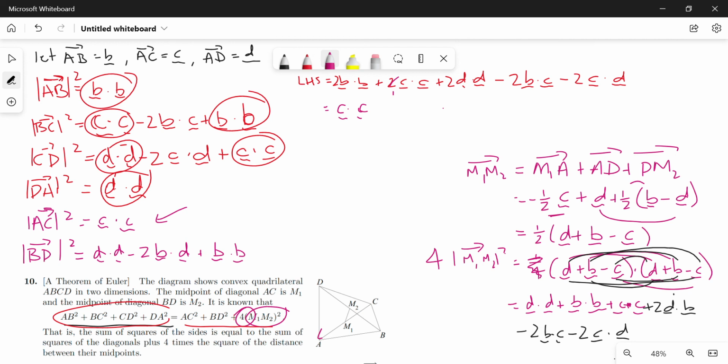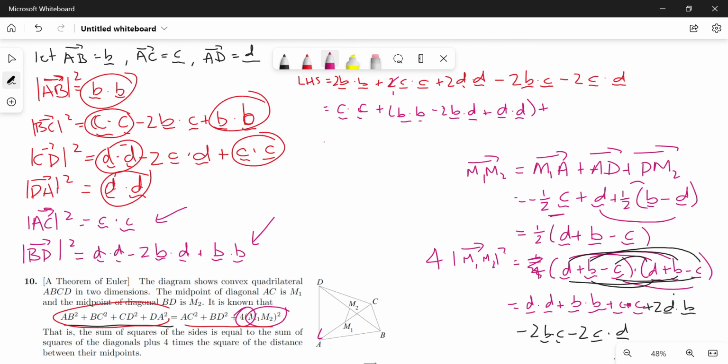And then you can see the next thing I want is all this. So I want a b dot b, a d dot d, and minus 2 b dot d. So I'm just going to write that here, just in another order: b dot b minus 2 b dot d and a d dot d as well.